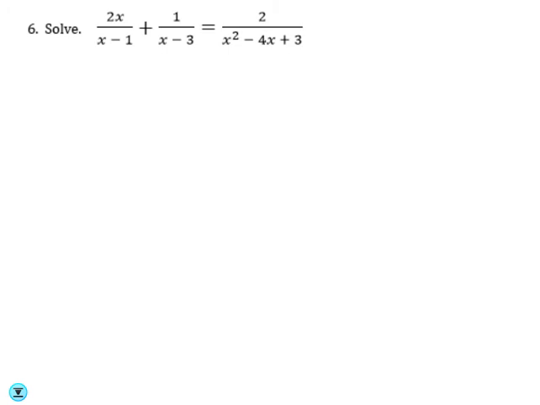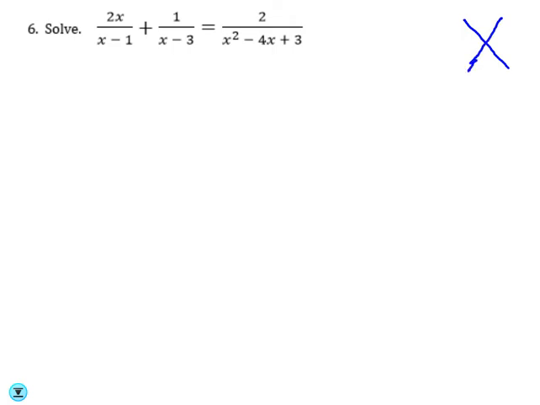When we're adding or subtracting with this equation, we care mostly about the denominators and whether I have common denominators or not. On the left side, we do not. And then we have this other trinomial that isn't factored, but let's go ahead and take a look at that first, and see what that is going to turn into.